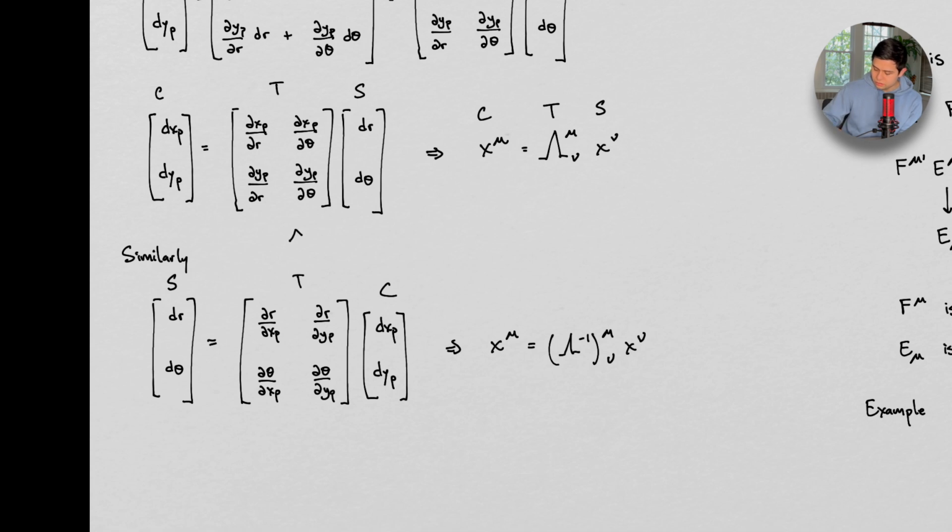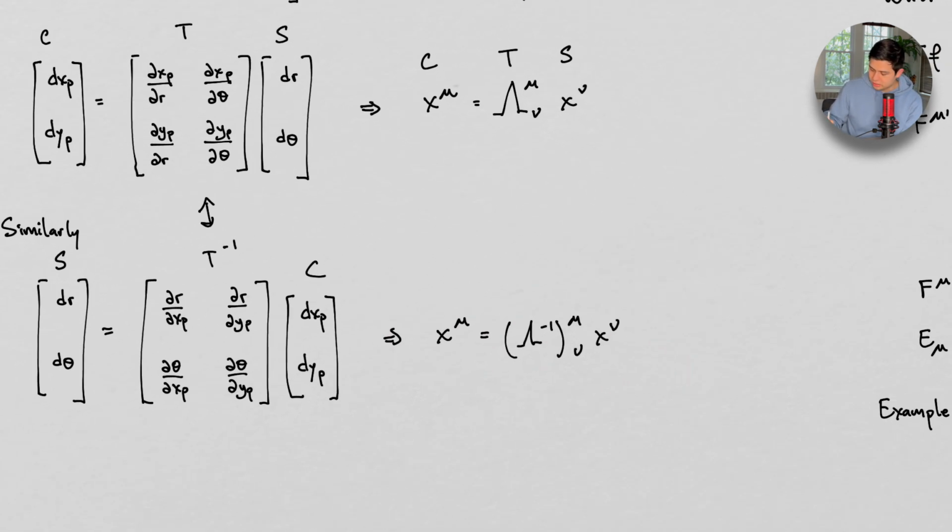These two guys are just, this is T inverse, right? Because when we multiply them by each other, we get 1. Okay, and if you know some matrix multiplication, you can find that to be the case. And this is what we get here, right? So x in the spherical case, in the Cartesian case, and this is T inverse.